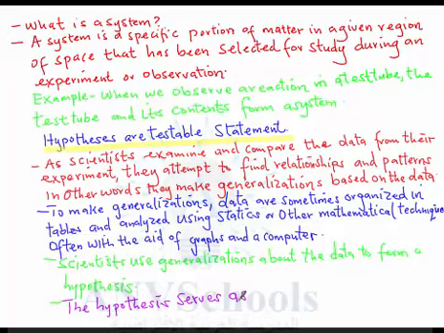After making these predictions, of course, you have to carry out further experiments to prove if your predictions are correct or wrong.